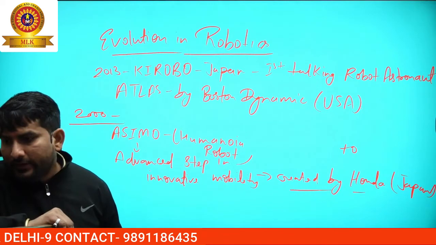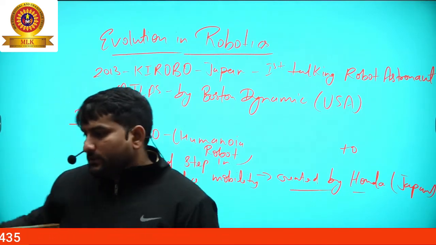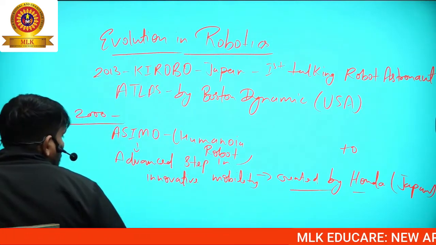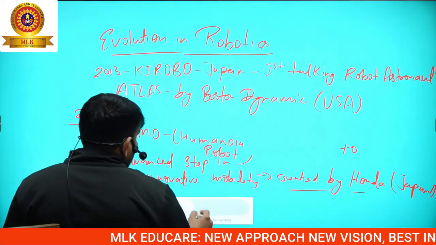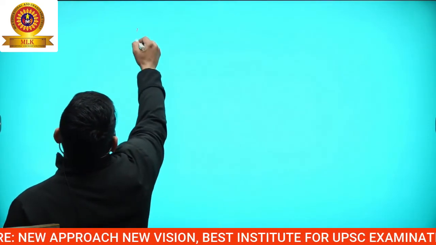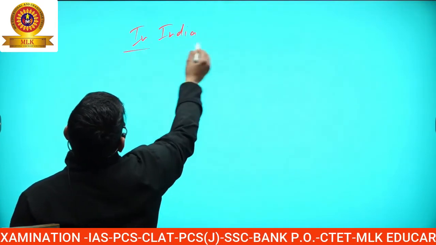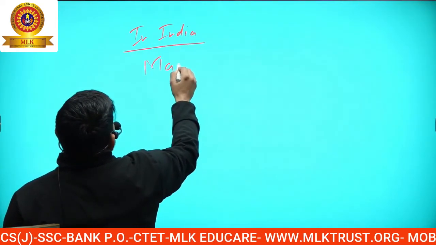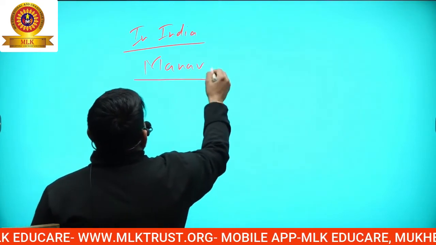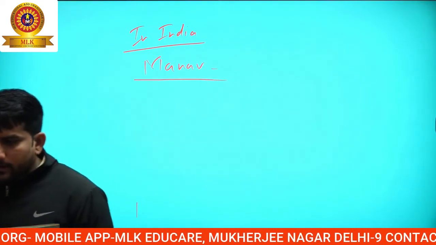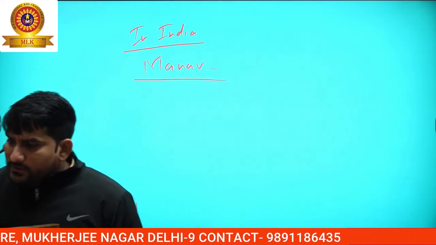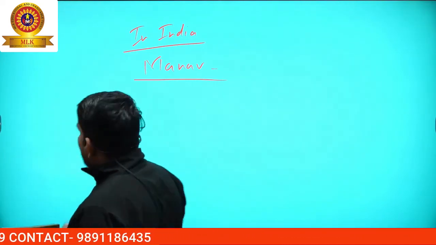And now let's talk a little about some robots of India. In India there is a robot, the name is Manav. Manav is India's first 3D printed humanoid robot.